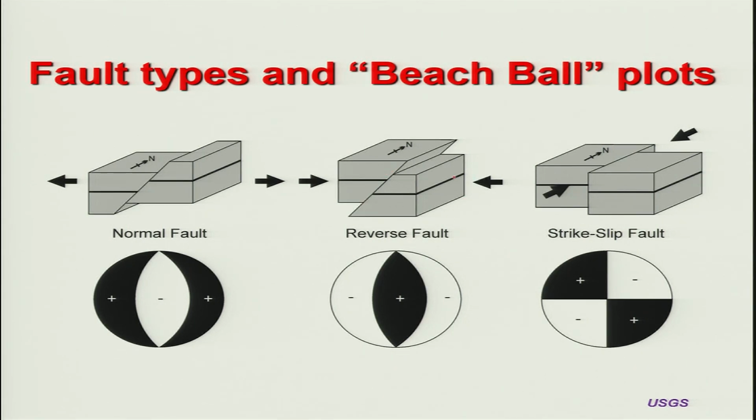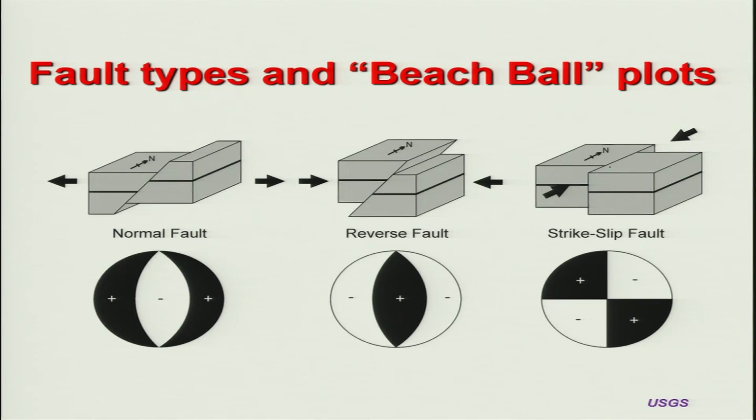So, this is a compressional tectonic environment, this is an extensional tectonic environment, whereas the third one is a strike slip fault, where one block moves past the other with respect to the fault line. Here the right hand side block is moving towards us and the left hand side is moving away from us. So, this we term a right lateral strike slip.